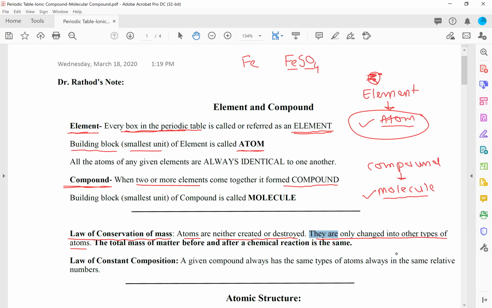You cannot just destroy them. You cannot just get it out of it. And it says the total mass of matter before and after the chemical reaction is the same.